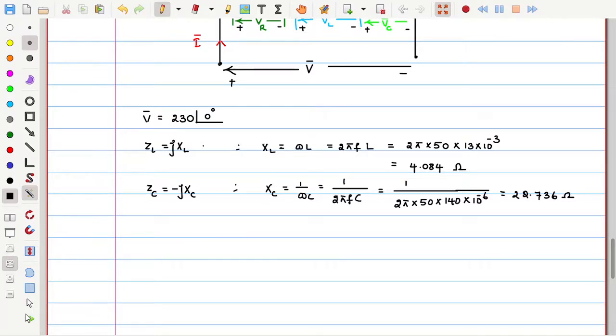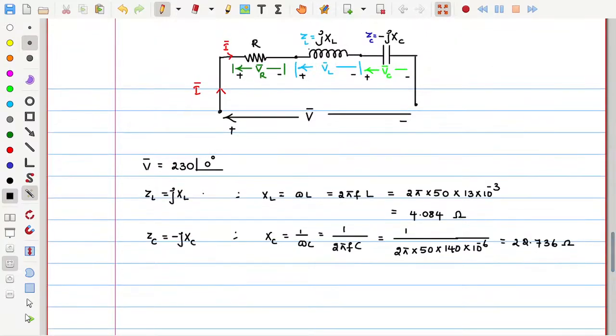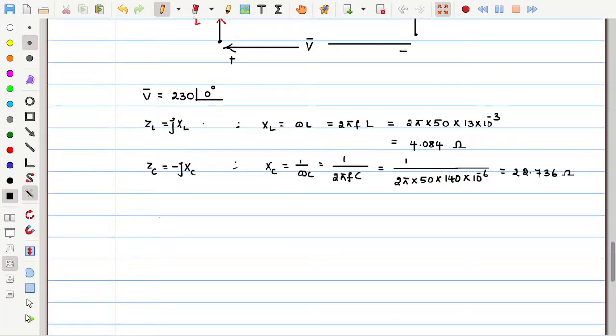Now I got the reactances of this circuit. See that the inductive reactance is XL and the capacitive reactance is XC. Now for the total impedance of the circuit ZT, try to see how I will get it. The first element is the resistor, so its impedance is the resistance. The second element is the inductor, so its impedance is ZL. The third element is the capacitor, so its impedance is ZC.